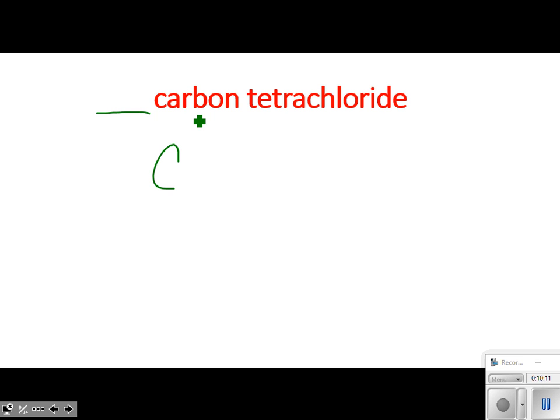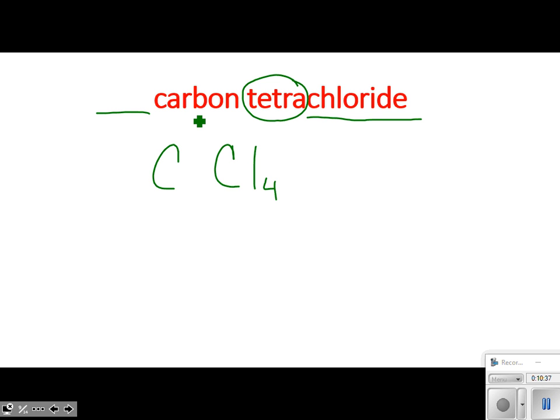Chlorine, because I know I have chloride, so chlorine is my second element. How many chlorines do I have? I have tetra. So the formula for carbon tetrachloride is CCl4.